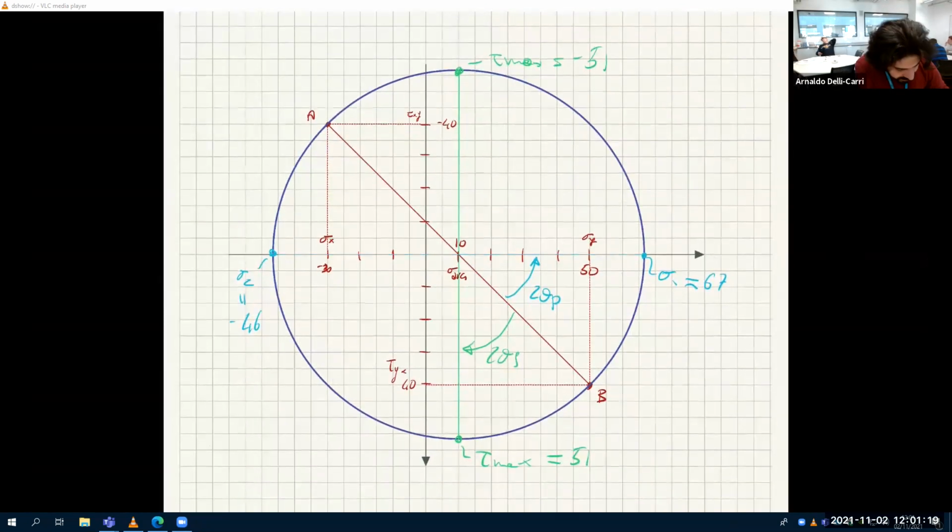Okay, while we wait, I'll also draw this infinitesimal.